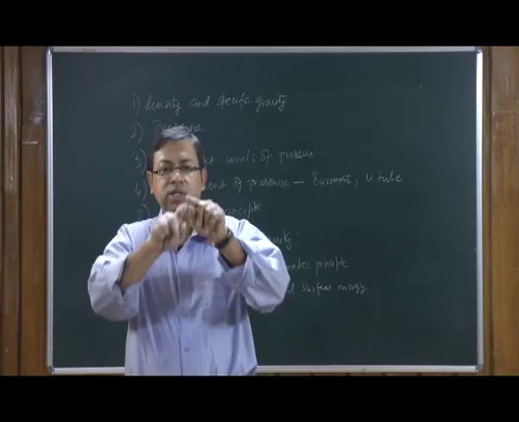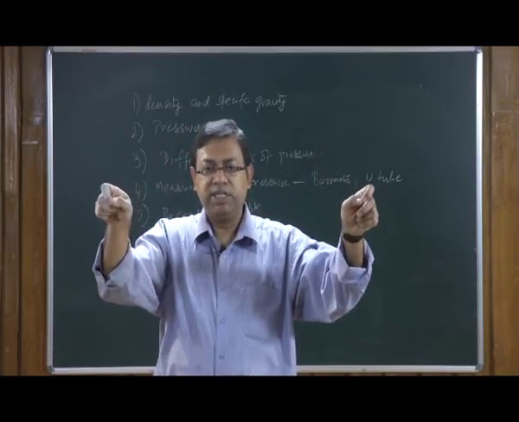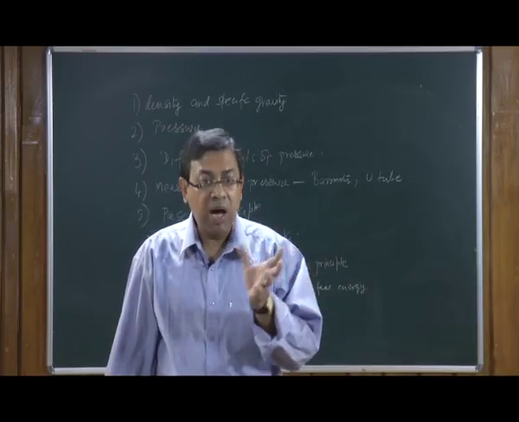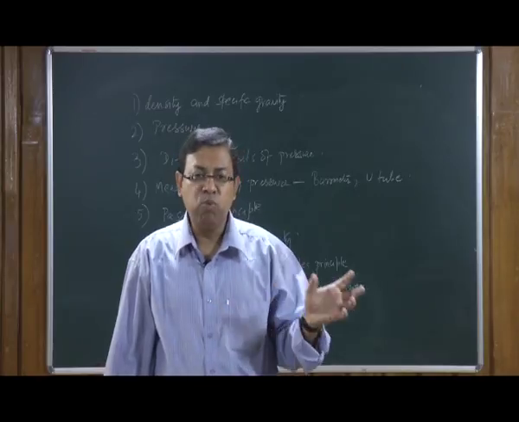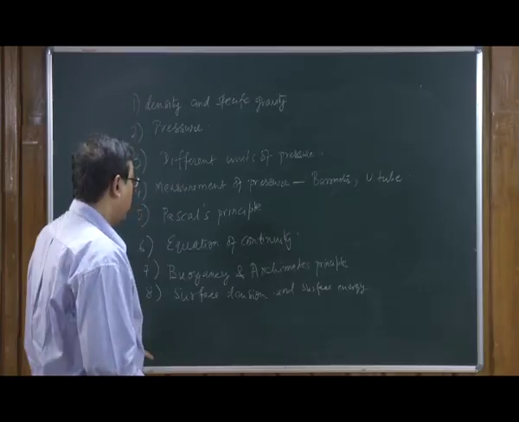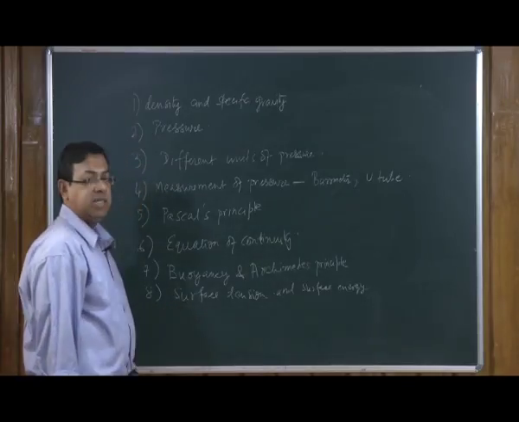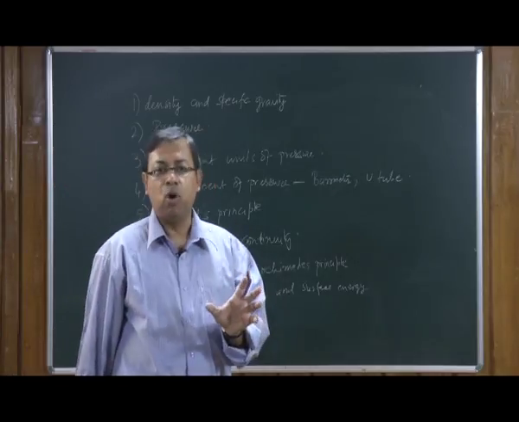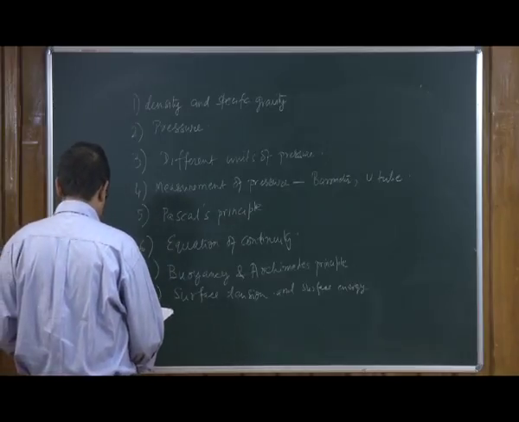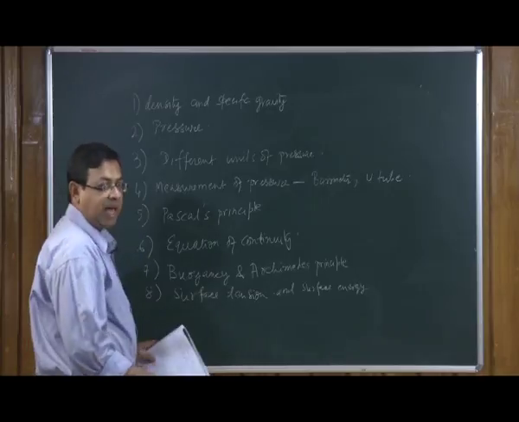For mercury, it dips a little towards the end, which tells you that the force of cohesion among the mercury molecules is more than the force of adhesion. This way one can distinguish between various liquids, and we have defined an angle of contact in that context. This is called capillarity.